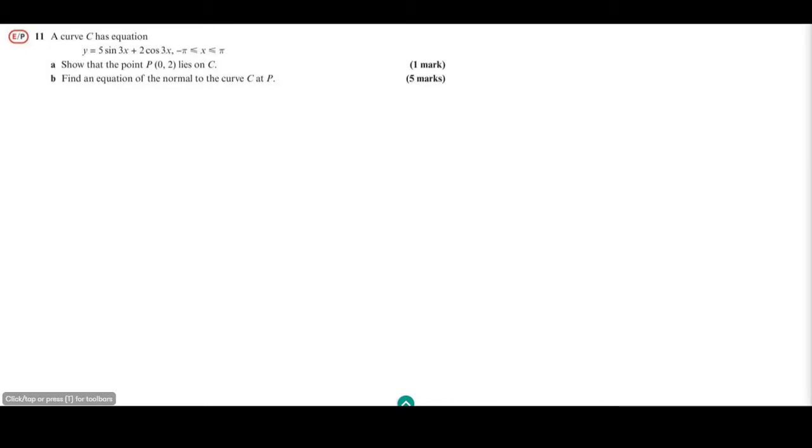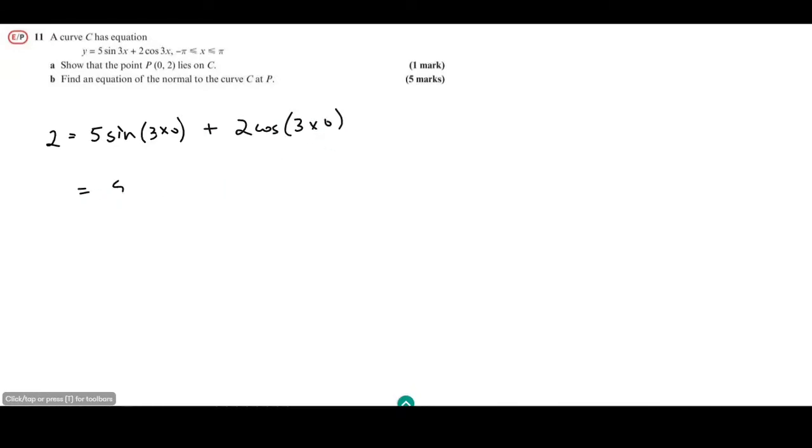Okay, so moving on. A curve C has equation y equals 5 sine 3x plus 2 cos 3x, and x is between minus pi and pi. Show that the point P(0, 2) lies on C. This is a 1-mark question, so it shouldn't be too difficult. We just need to check that once we plug in x equals 0 and y equals 2, this matches up. So, does 2 equal 5 times sine of 3 times 0 plus 2 times cos of 3 times 0?